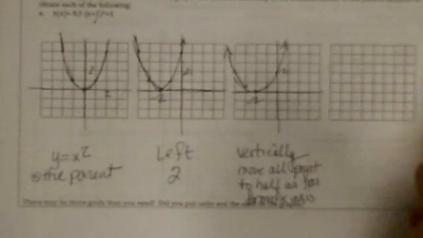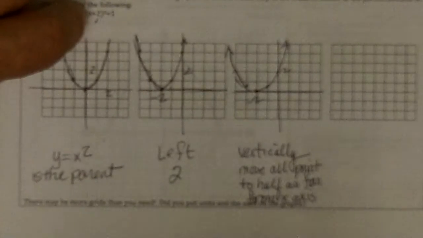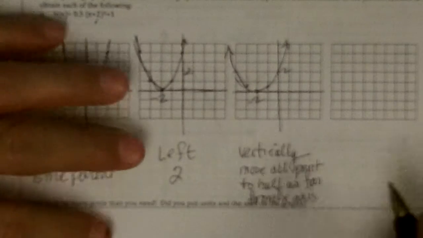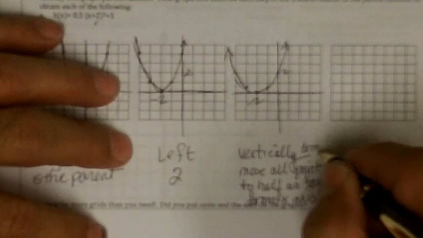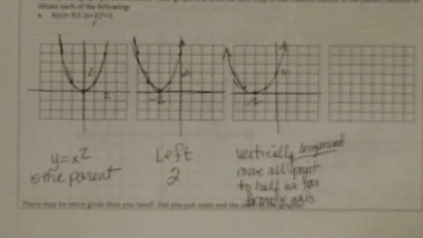It is compressed vertically, so it's shorter. Wider would have been something on the x. This is not wider, it's vertically compressed, so that it's half as far from the x-axis.